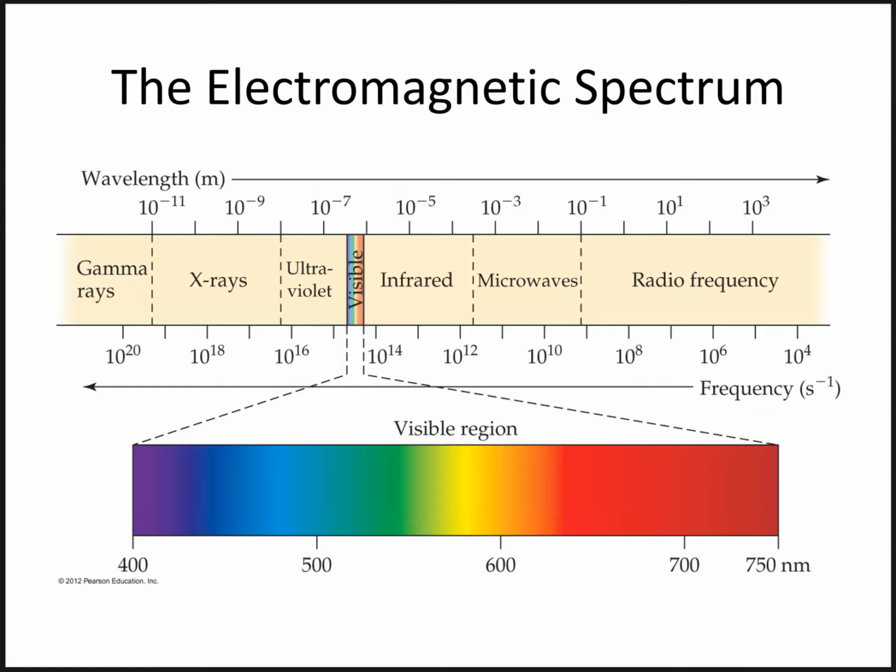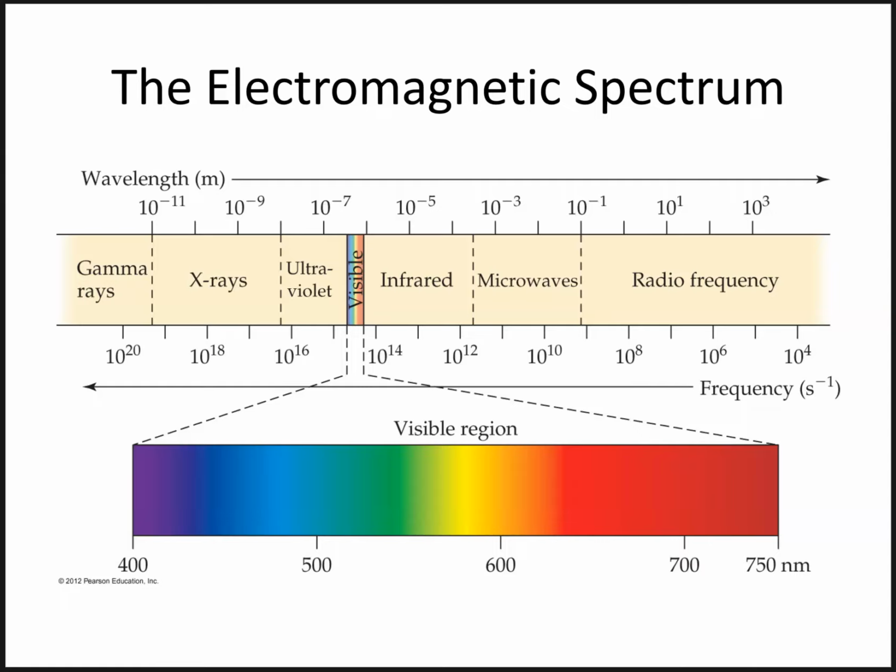Infrared, which we typically use in heat lamps, constitutes even smaller wavelengths, and then we get to this very narrow region of 400 to 750 nanometers, which is known as the visible region. That's what our rods and cones are accustomed to, and that's basically our world. We see from 400 nanometers all the way up to 750, and every color of the rainbow that we know of is somewhere in this region.